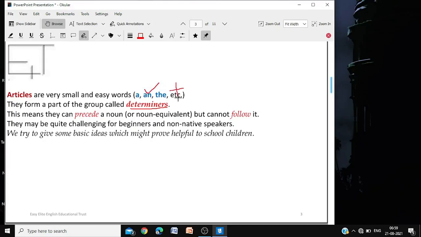So they are a part of a group called determiners. This means they can precede a noun or noun equivalent but cannot follow it. They can come before a noun but cannot come after a noun. They may be quite challenging for beginners and non-natives.